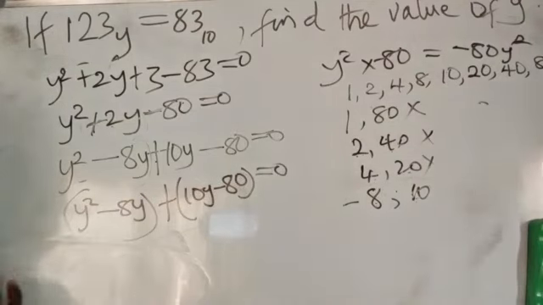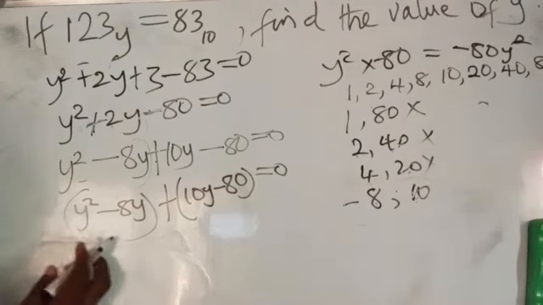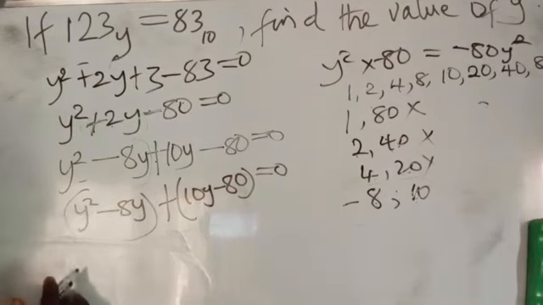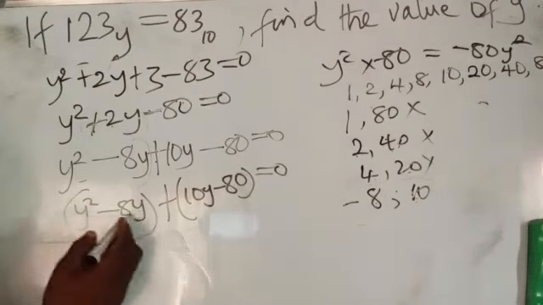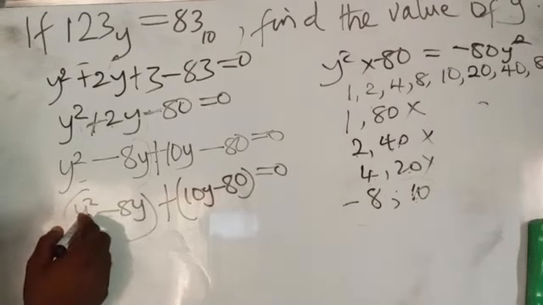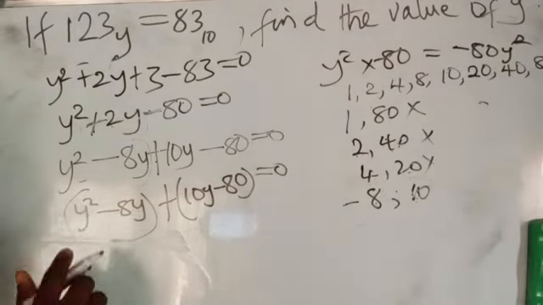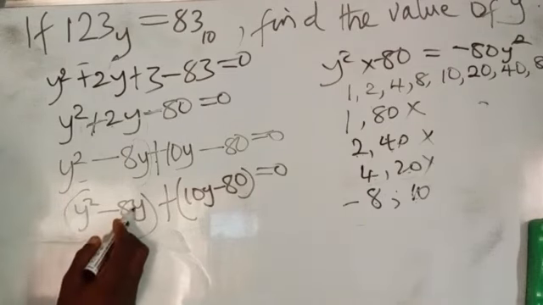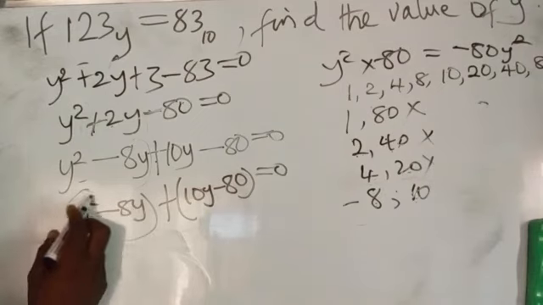So now, what's the common factor of y squared and 8y? When we say factor, we mean what they have in common. What do this y squared and the 8y have in common? What they have in common is y, just one y, because the 8y is carrying only y, while this y here is y squared.